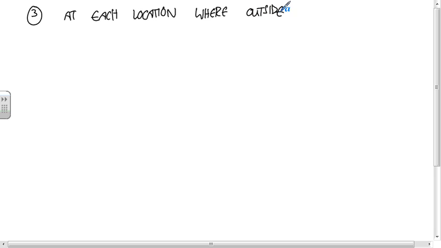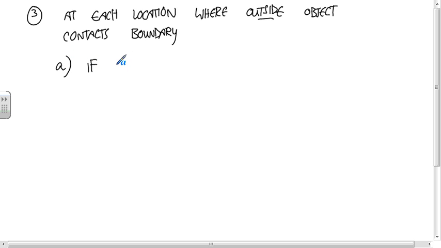And then the last step, at each location where an outside object contacts the boundary, in the first case, so there are two possibilities.